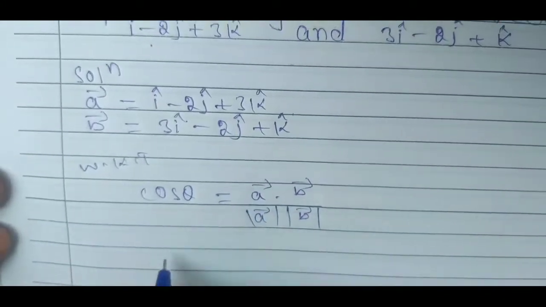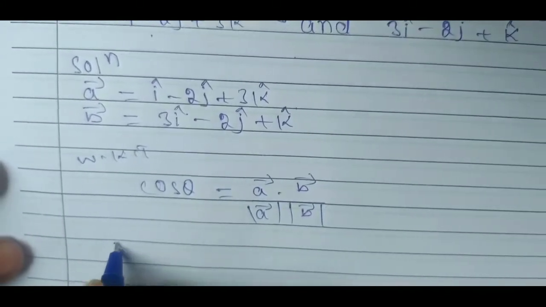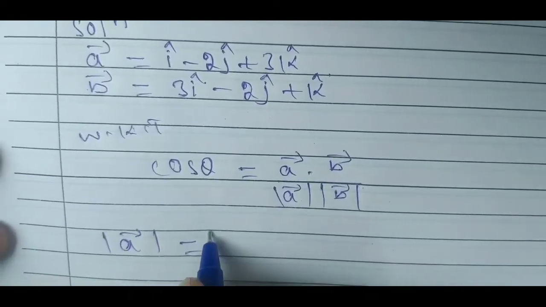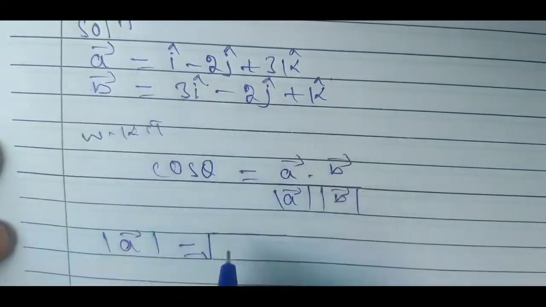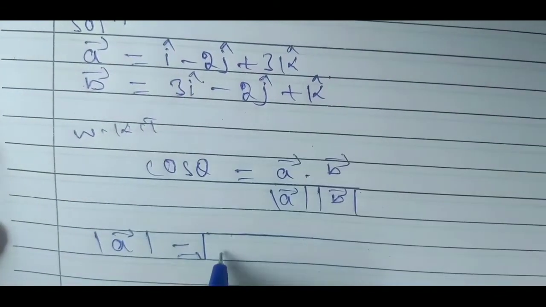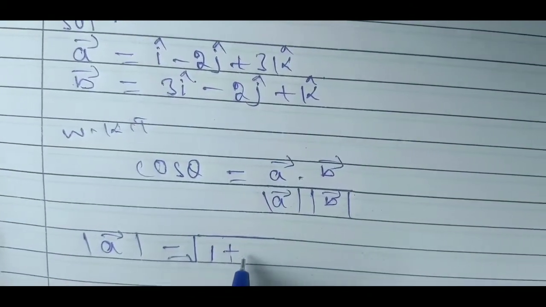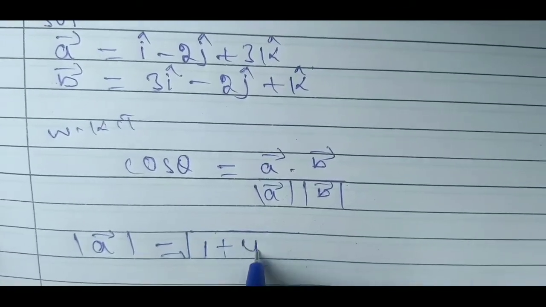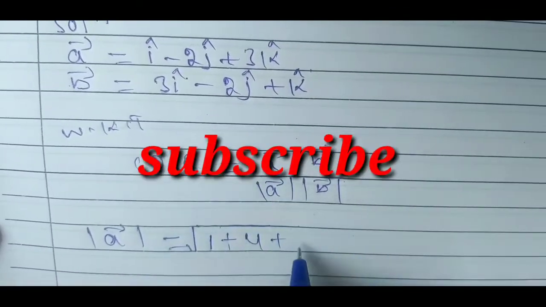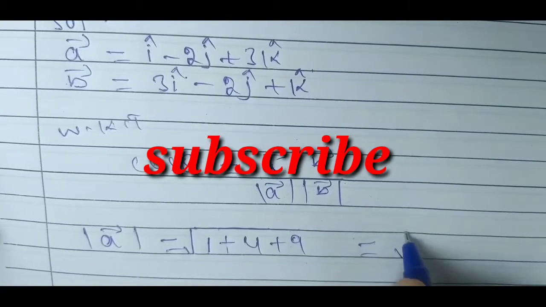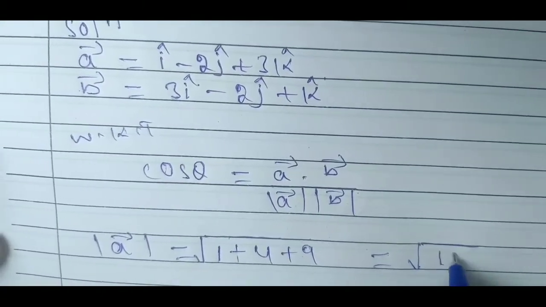Here first I will find mod of a vector, that is 1 square means 1, 2 square means 4, plus 3 square means 9, which is equal to root 14.